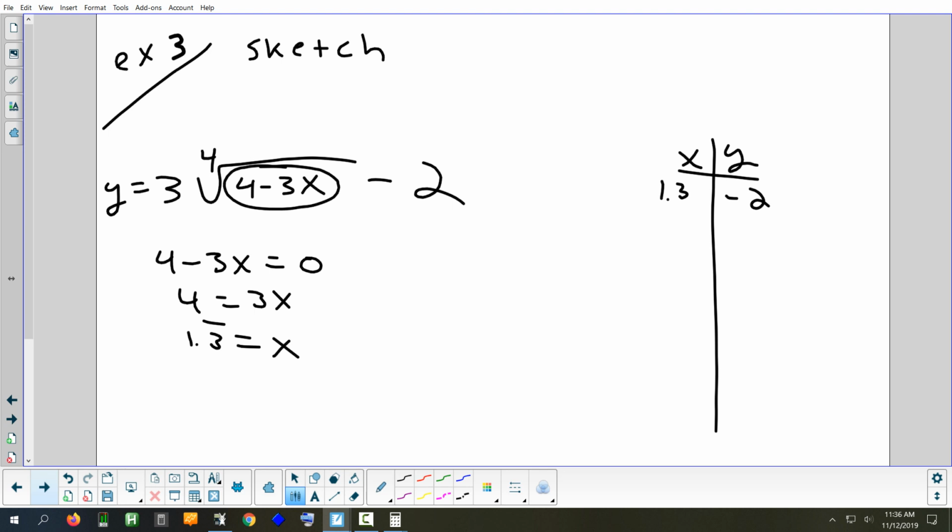What's 4 minus 6? Negative 2. Can you take the fourth root of negative 2? You can't take a root of a negative number if it's an even root. If it's an odd root, that's fine, but not for even. So you plugged in 2 for x, you picked a number on the wrong side of 1.3. Pick numbers that are smaller. So numbers I would pick, I would probably do 0, maybe negative 2, negative 4, negative 6, negative 8, negative 10. If you do those 7 points, that should give you a pretty good sketch.